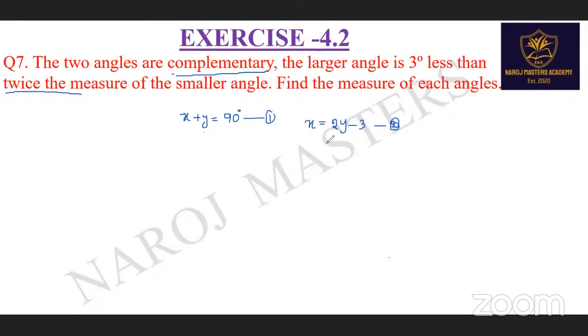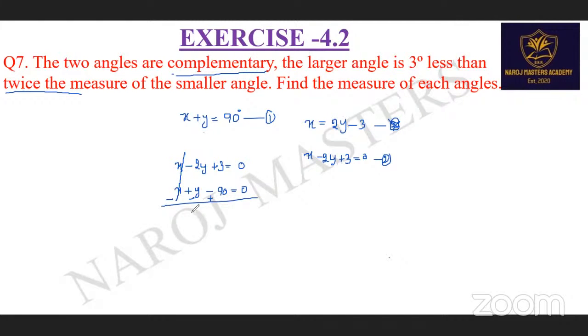Make the second equation equal to 0: x minus 2y plus 3 equal to 0. Get the whole term to this side, and solve these two equations. x minus 2y plus 3 equal to 0, and x plus y minus 90 equal to 0. Subtract them: x minus x gets cancelled.